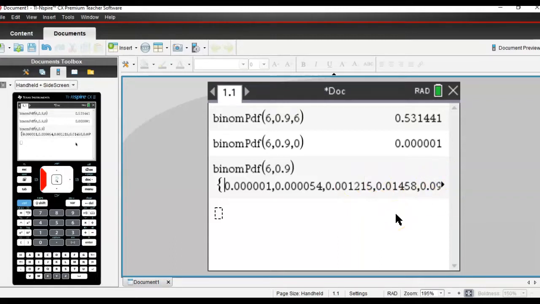By the way, how many numbers are in this list? 1, 2, 3, 4, 5, 6, wait, why are there 7 numbers in this list? I only have 6 people. Ah, but think, if 0 is an option, what could happen? 0 successes, or 1, or 2, or 3, or 4, or 5, or 6. So even though we only have 6 trials, we actually have 7 possible outcomes. By leaving that field blank, we are giving all the possibilities completely.